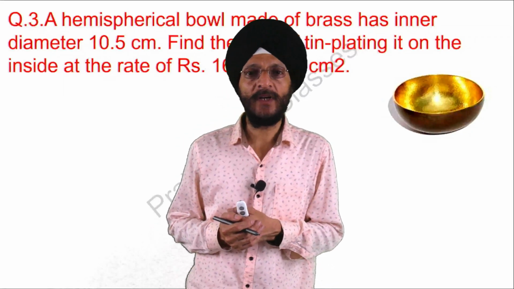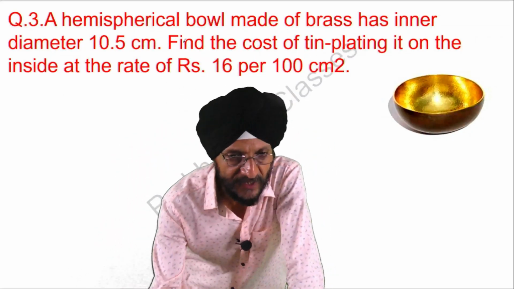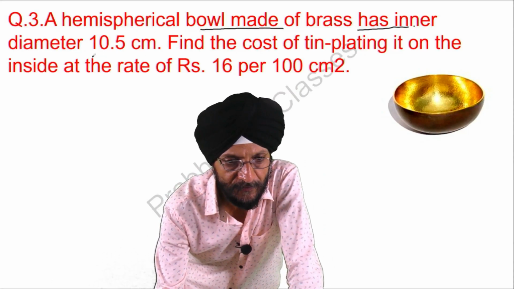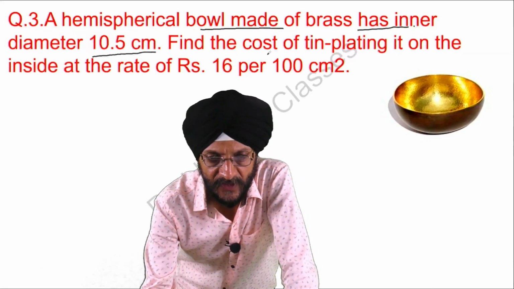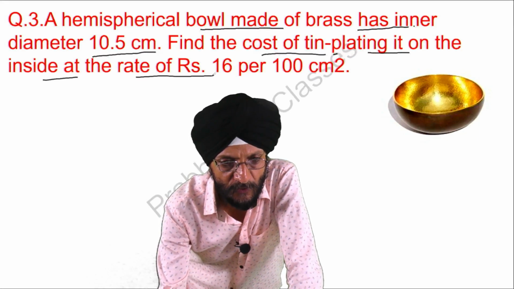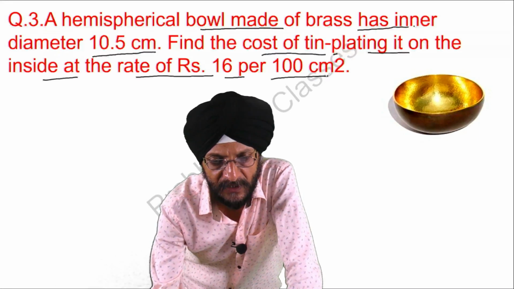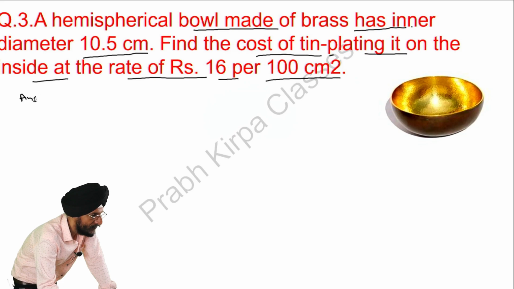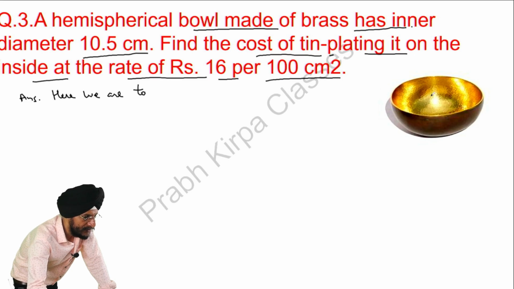Now the question before us is, a hemispherical bowl made of brass has inner diameter of 10.5 centimeter. Find the cost of tin plating it on the inside at the rate of rupees 16 per 100 square centimeter. Here what we are to do? We are to tin plate. Tin plate means this side.